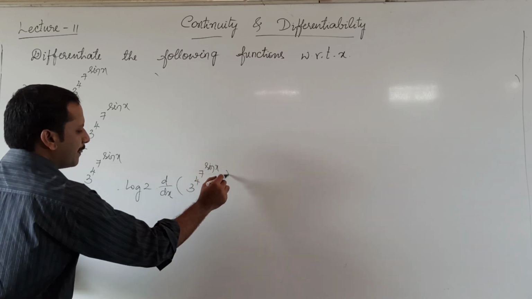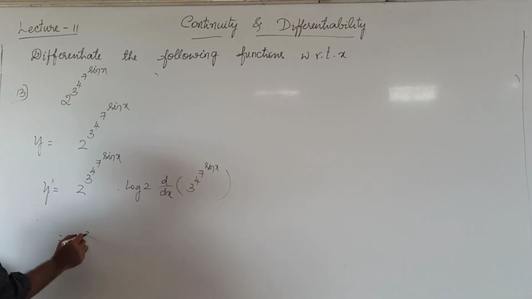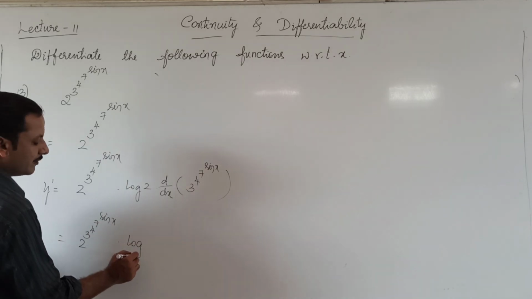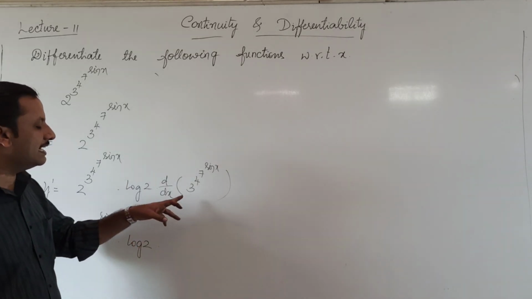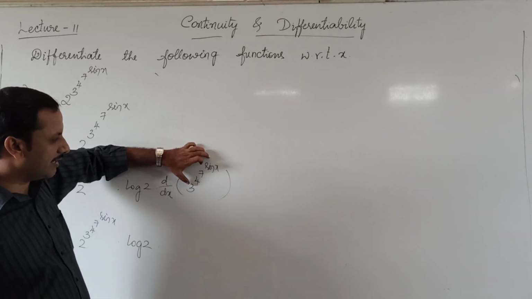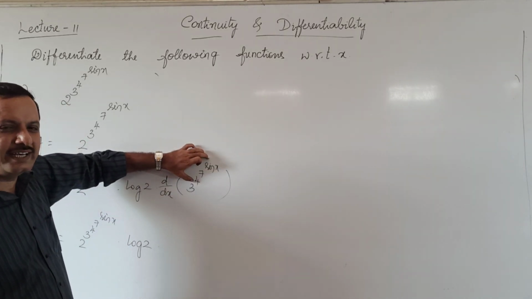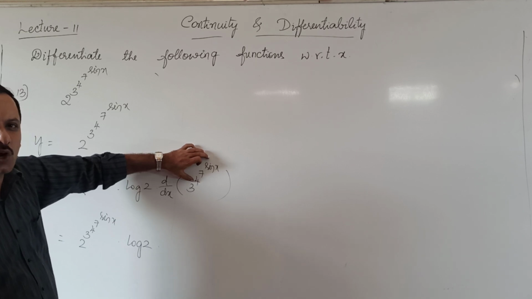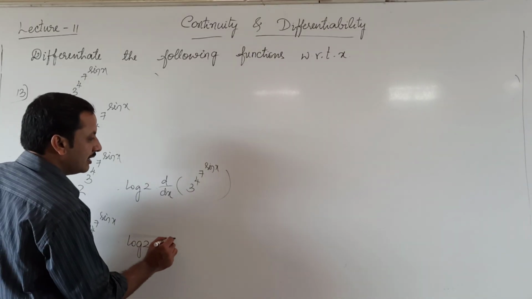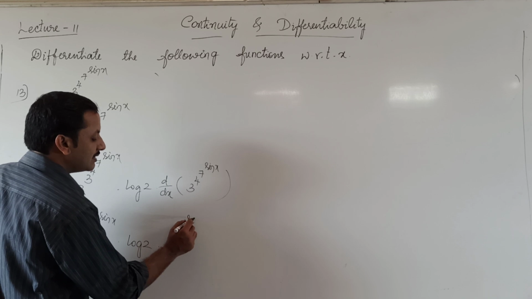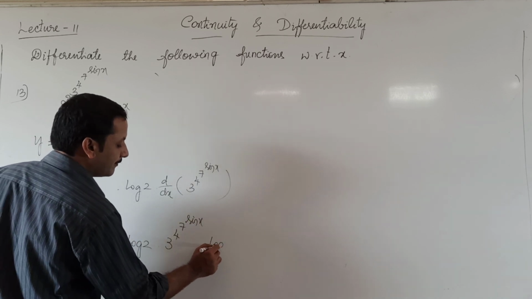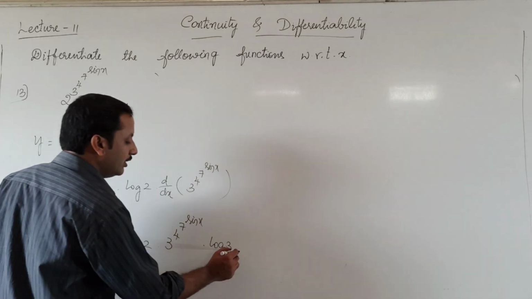That's equal to 2 power 3 power 4 power 7 power sin x into log 2 into, this looks like 3 power x. You can imagine this as x. The derivative of 3 power x is 3 power x into log 3. So this will become 3 power 4 power 7 power sin x into log 3 into what next?